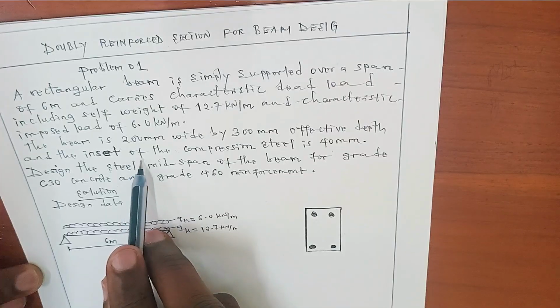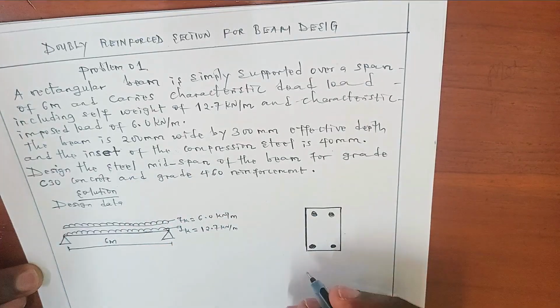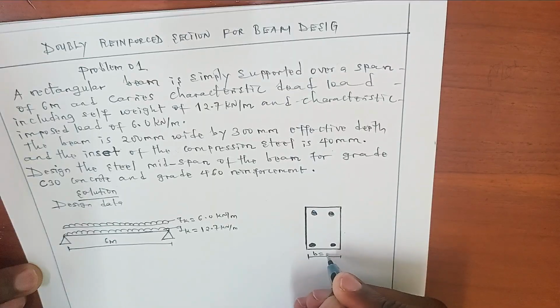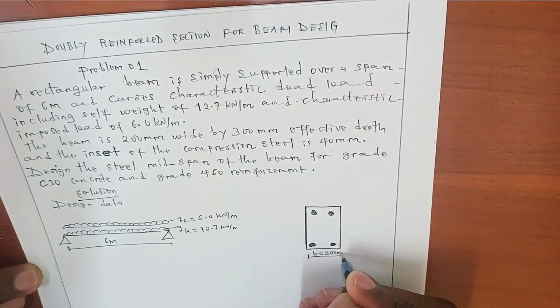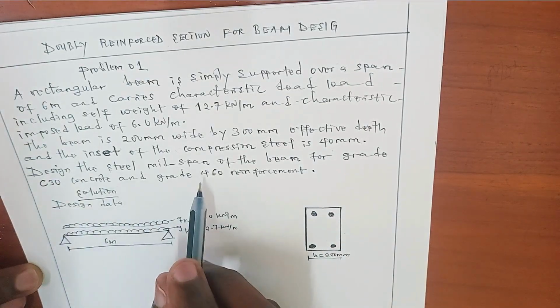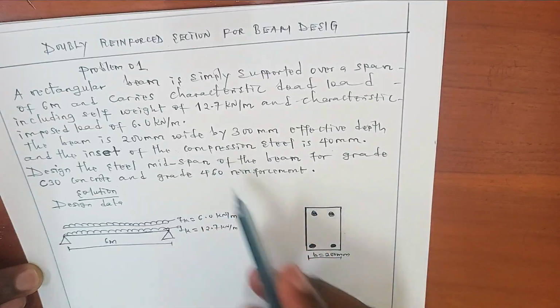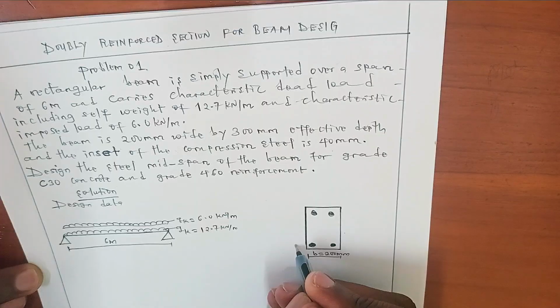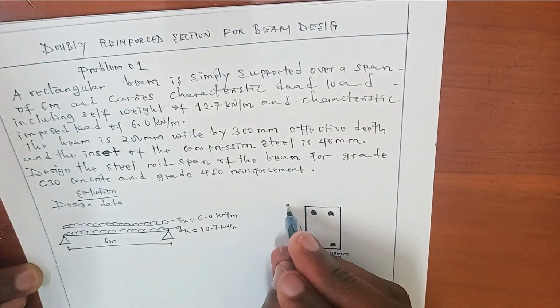The beam is 200 millimeters wide, and the effective depth of the beam is 300 millimeters. Effective depth is the depth from the center of the tensile steel up to the top of the section.